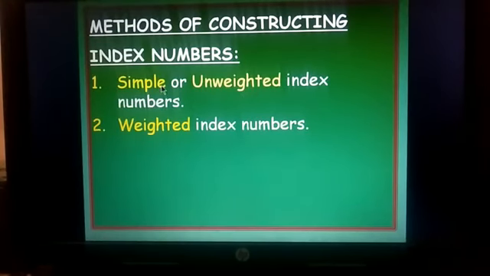Simple is nothing but weights are not applied. That's why simple or unweighted index numbers is the first type, and the second type is weighted index numbers. Thoroughly we need to understand first the meaning of simple or unweighted and weighted index numbers.